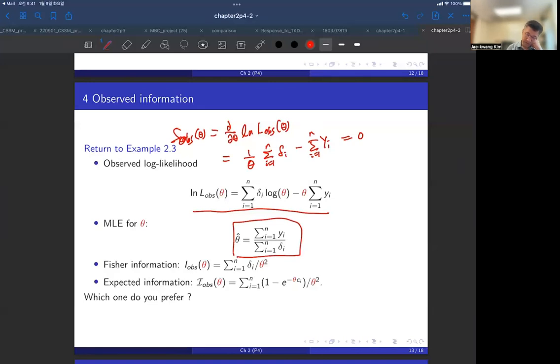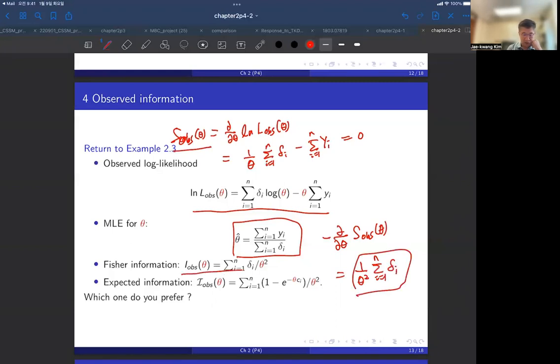Now, to compute the Fisher information, you take the partial differentiation again with respect to theta, and you get minus 1 over theta squared times the sum of delta_i.